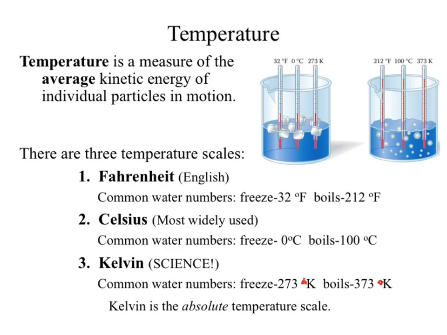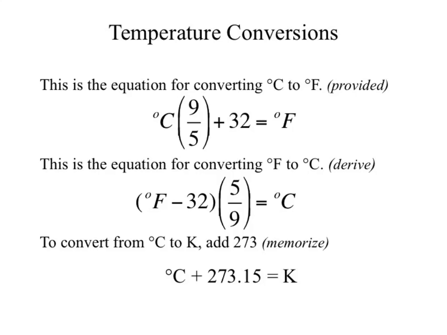One of our primary driving forces behind Kelvin is that when we get into our conversion factors, what are your possible values for Kelvin? They're only positive numbers. Why might that be helpful?